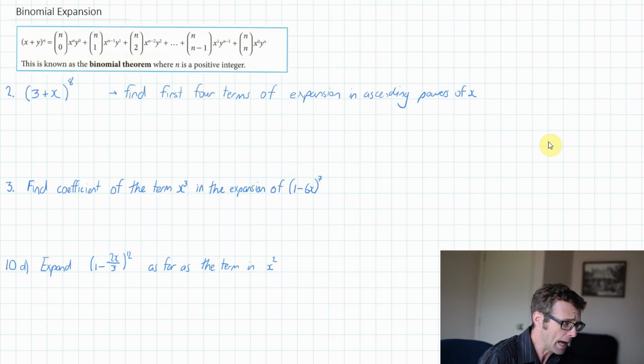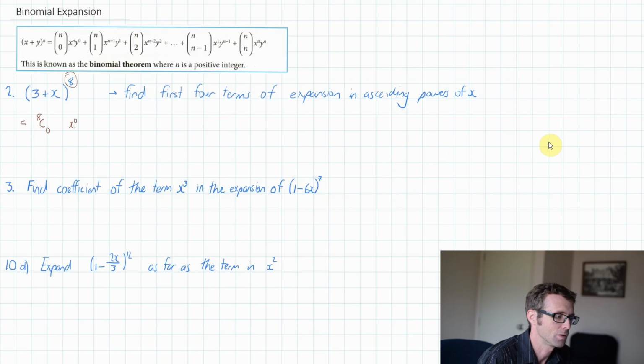So let's have a look at this. We've got (3 plus x) to the power of 8 and we've got to find the first 4 terms of the expansion. First of all, our n value here is 8. So we're going to go 8 choose 0. As we discussed in the last video, that means we're going to have 0 x's.